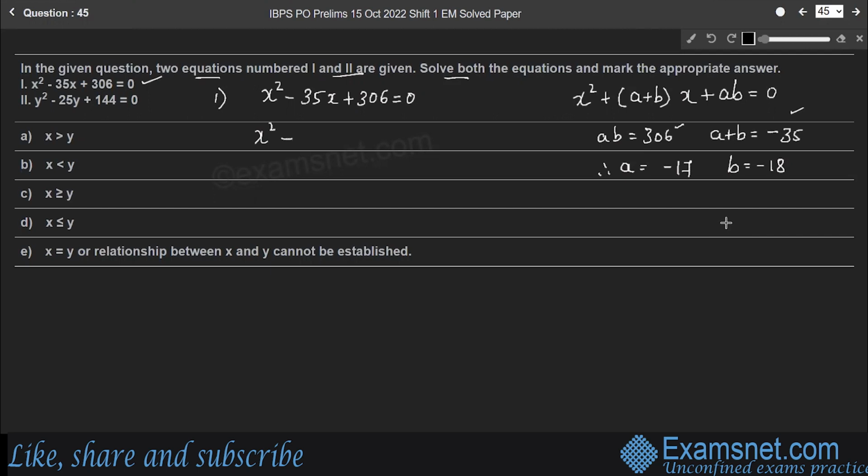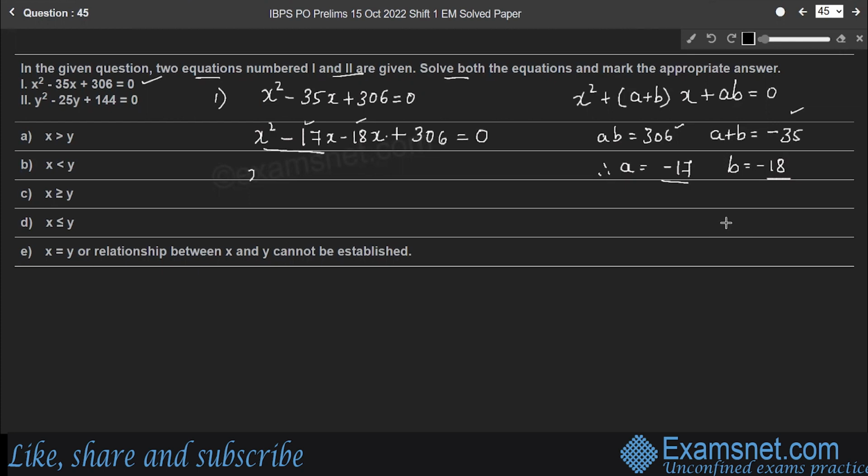Here, minus 35x can be written as minus 17x minus 18x. Here 17 and 18 are coefficients of the middle terms, right? Now plus 306 is equal to 0.